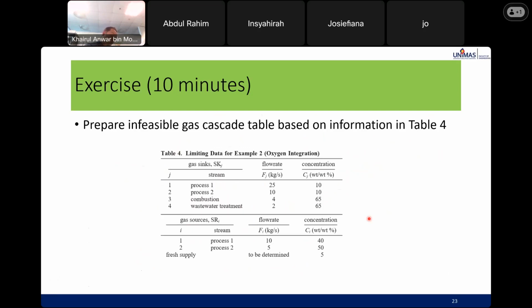Then you determine the highest negative value, which will be used as the new FC for the feasible gas cascade table. So you have two tables.